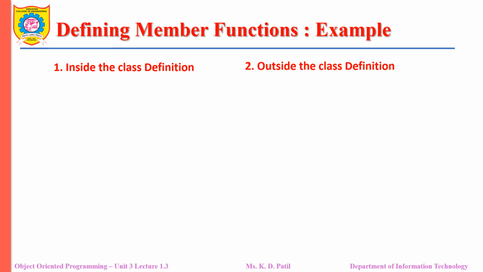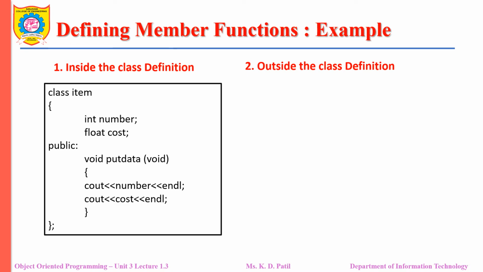Let us first see how to define a member function inside the class. Now here I have a class item which has data members number and cost, and a member function putdata which has a return type void, and no parameter is passed, so void is written. Now this is the definition of that member function.